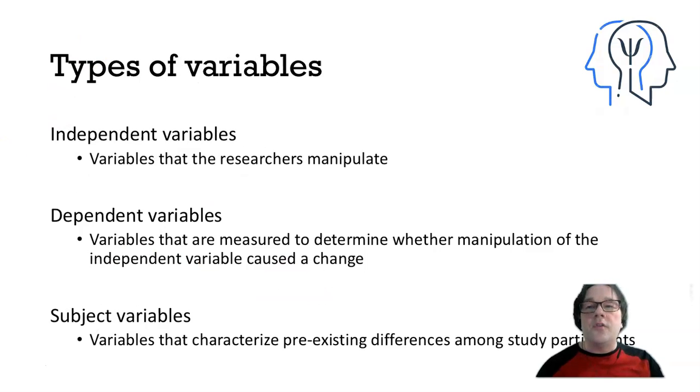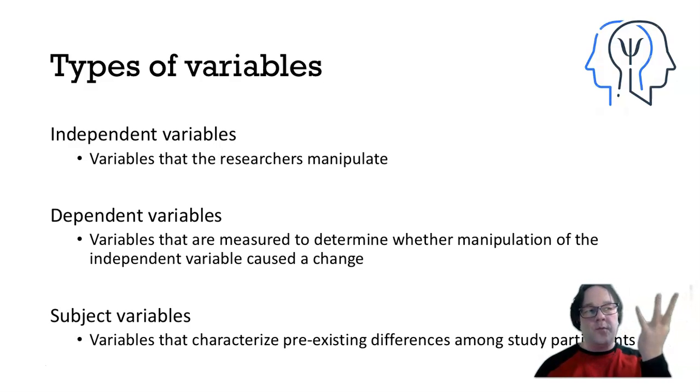Okay, so when it comes to the different types of variables that are involved in an experiment, we talked about these a little bit, but let's go full force here. Typically, the two variables we're most interested in for an experiment are the independent variable and the dependent variable. Independent variables are variables that we manipulate as researchers.